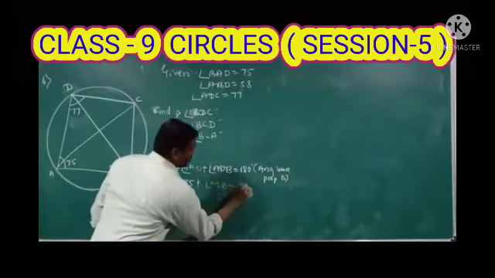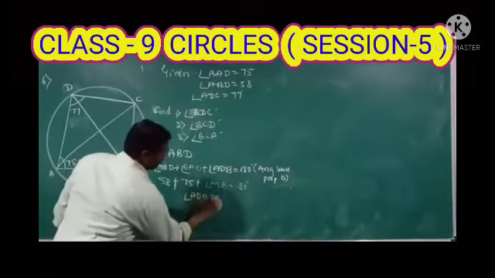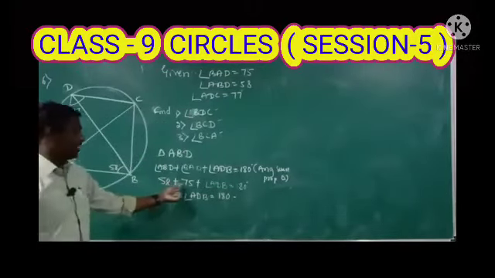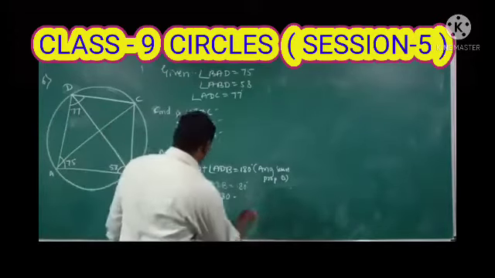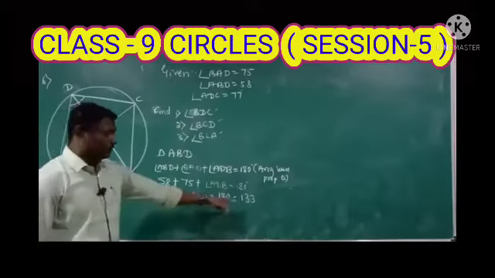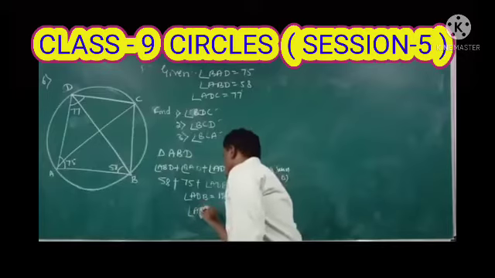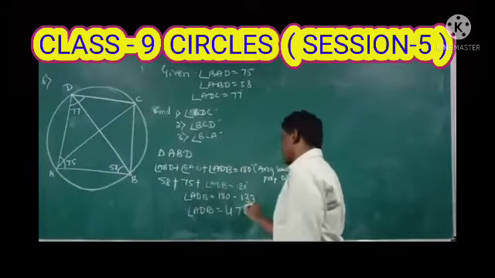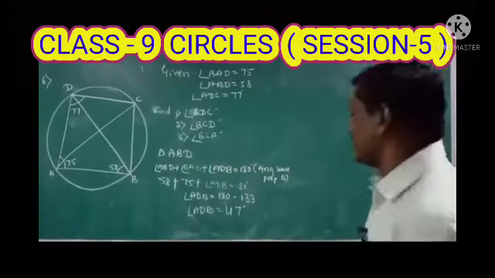Angle ADB is equal to 180 minus (75 plus 58). 75 plus 58 is 133. So angle ADB is equal to 47 degrees.